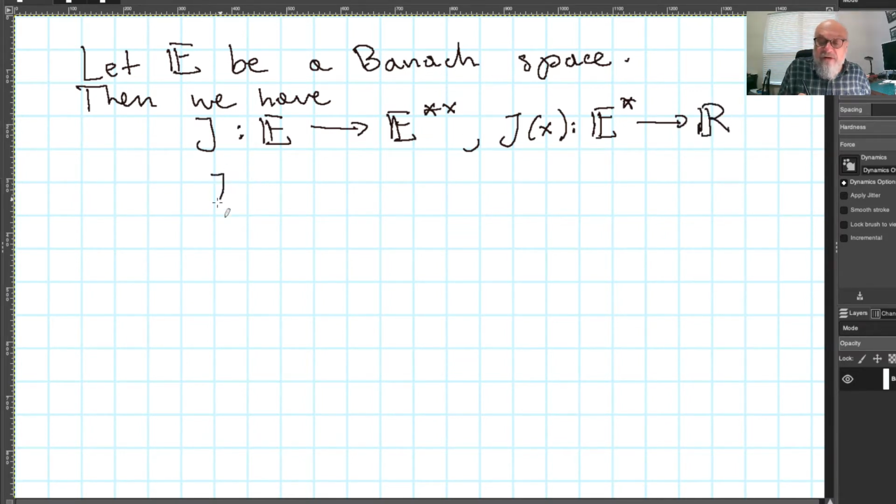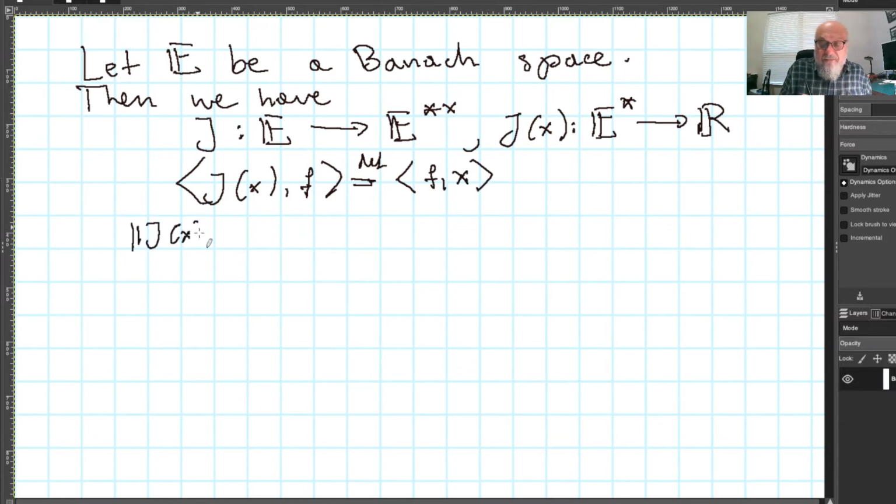So we have J of x applied on f by definition equal to f of x. Then we know that J of x has the norm equal to the norm of x. So this means simply that this is an isometric linear operator.